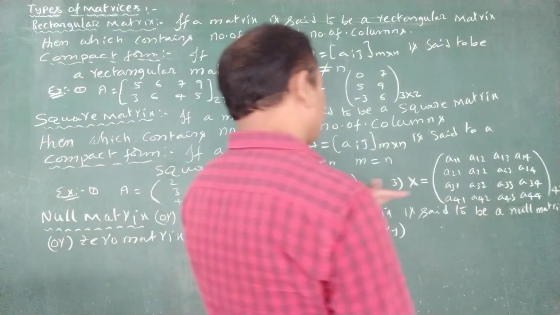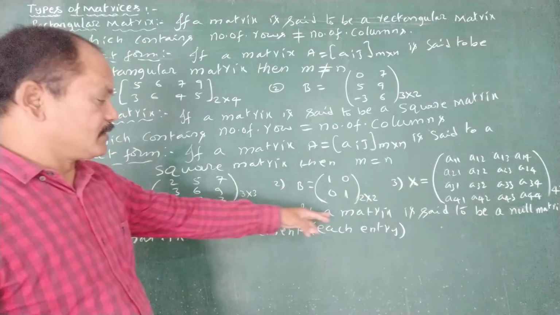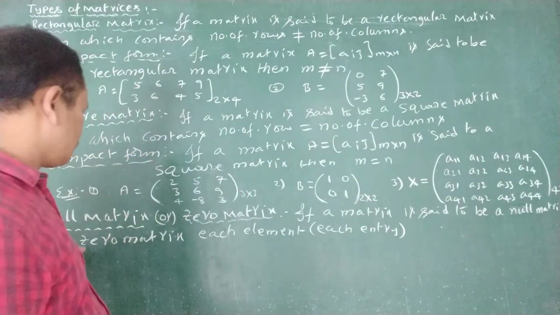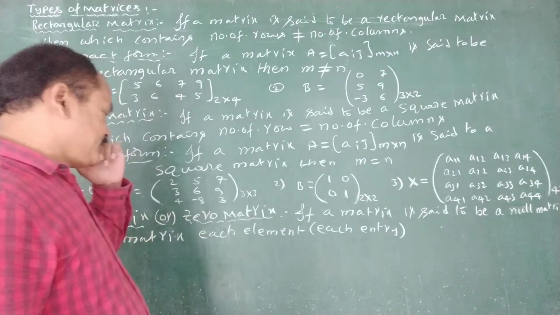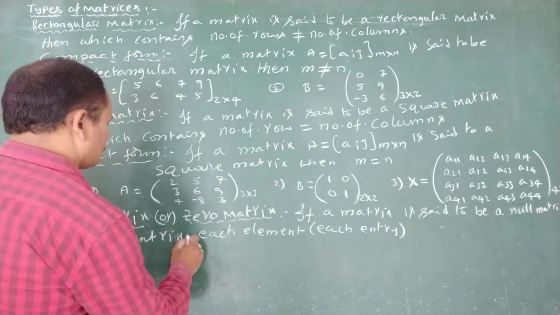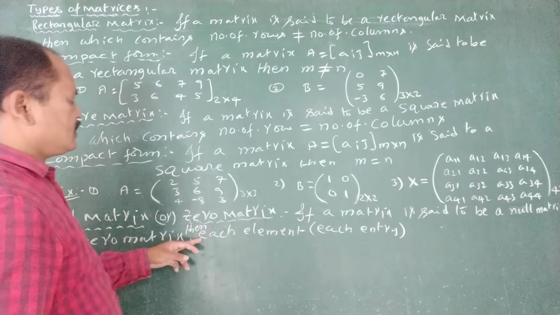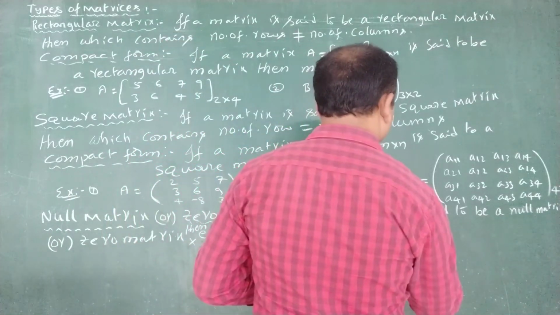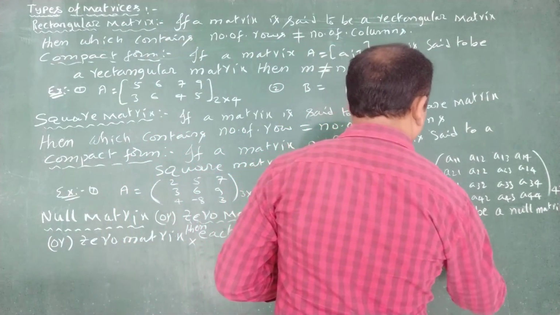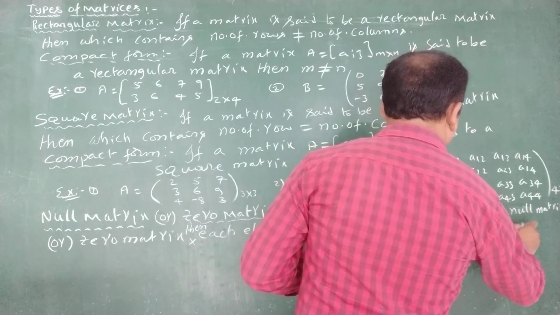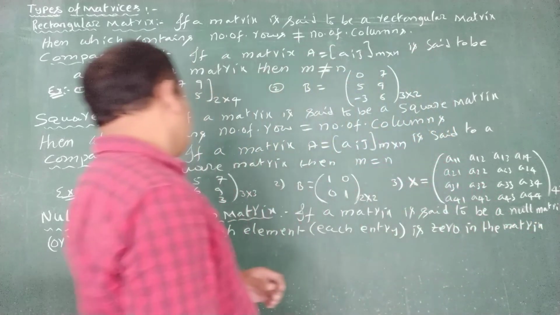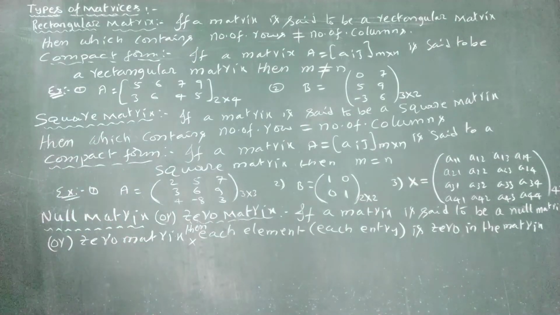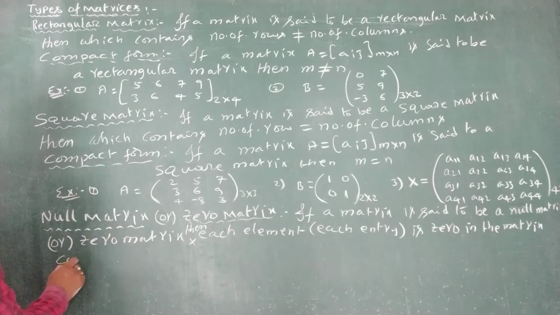If a matrix is said to be a null matrix or zero matrix, then you have to write here, each element or each entry is 0 in the matrix. Are you clear? That's why now the compact form for this one.